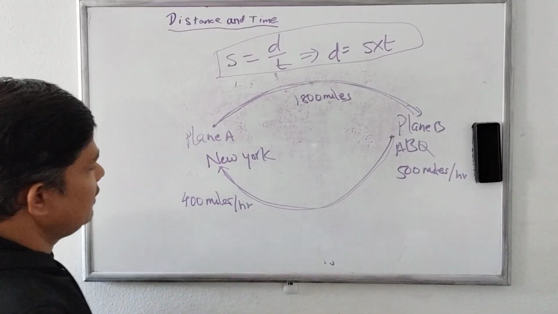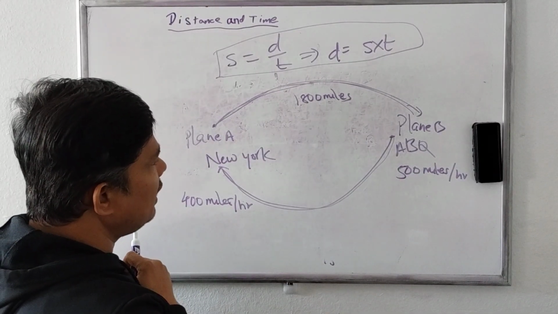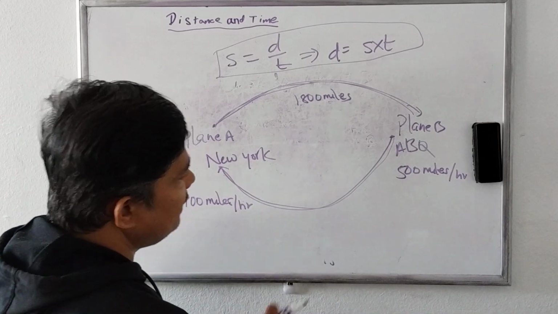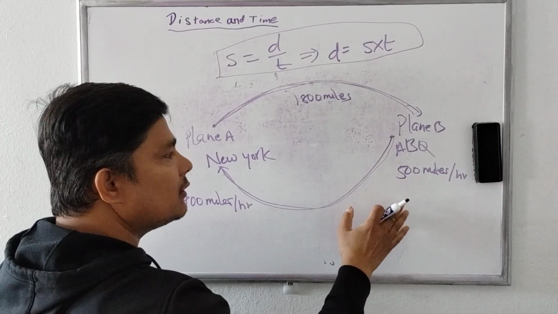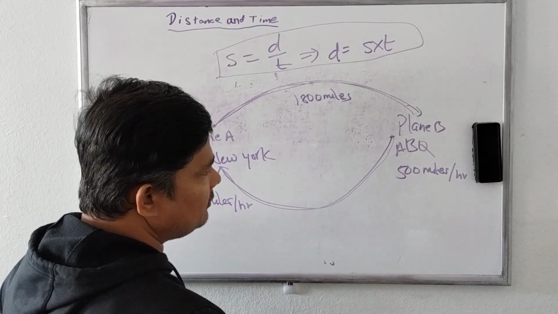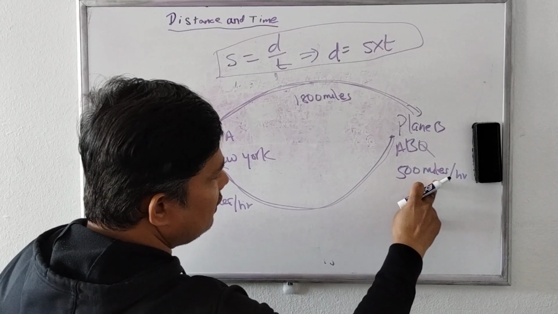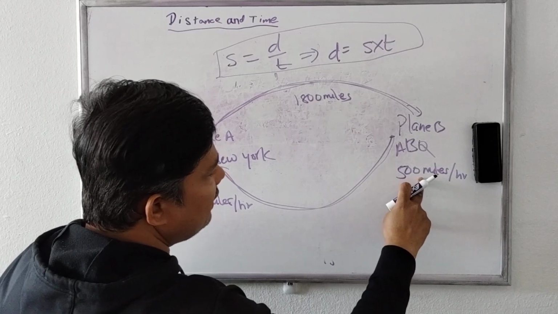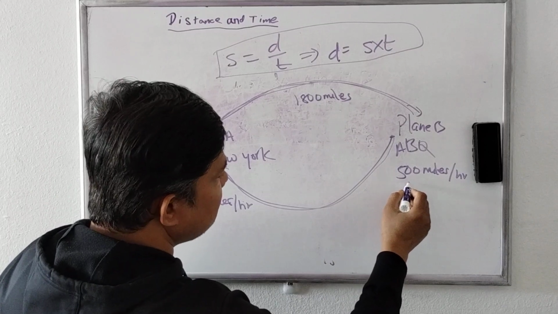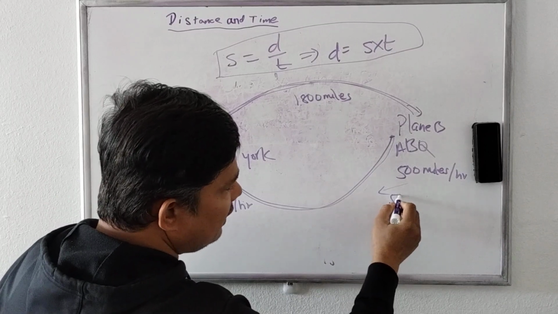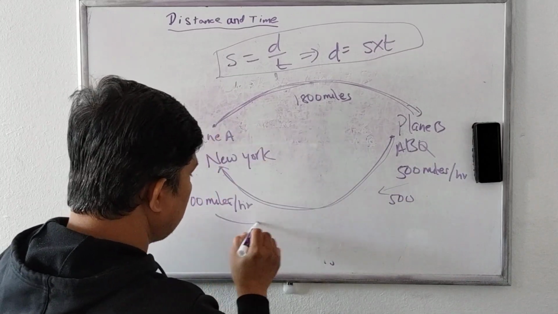Correct? Now how can you find at what time they will meet? Without using any formula, as a layman try to solve this problem. So this plane starts flying at 500 miles per hour. In 1 hour, how much distance will it cover? 500, correct? Because it's per hour. And this plane will cover 400.